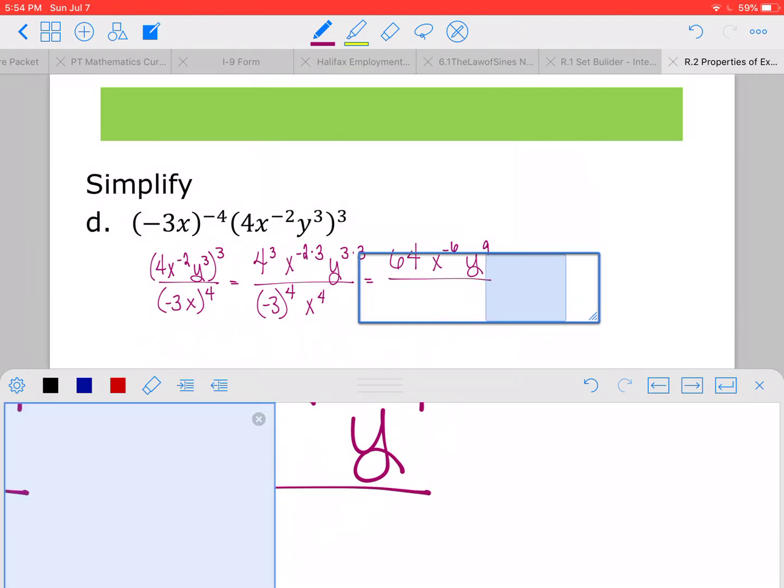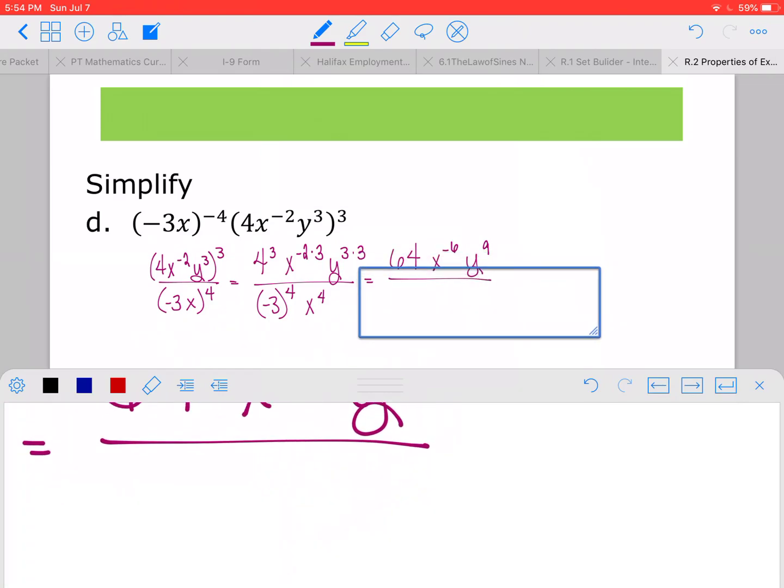On the bottom, 3 to the 4th power is 81, and since that's negative 3, it's a negative 4 times. And so anytime we have a negative to an even exponent, we're going to end up with a positive number. If it's odd, then we'd end up with a negative number.